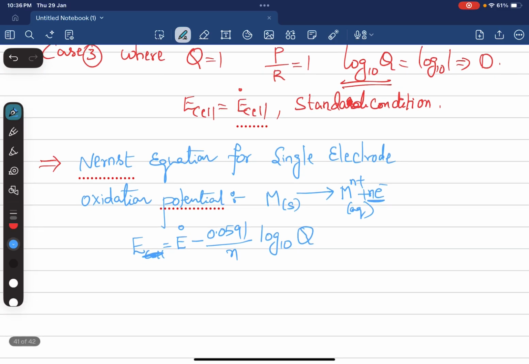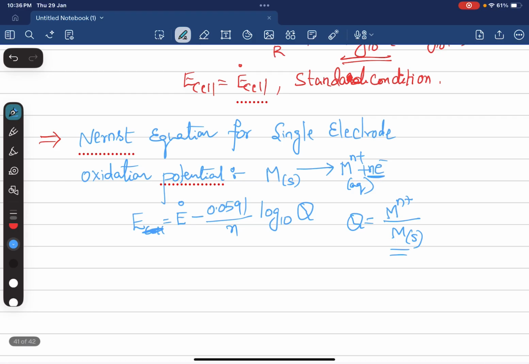So in this case, Q equals products by reactants, M n+ by M solid. We already discussed that the M solid value will be 1. So what can be written in the place of Q? E cell equals E naught cell minus 0.0591 by n log 10 of M n+, because this is the product.